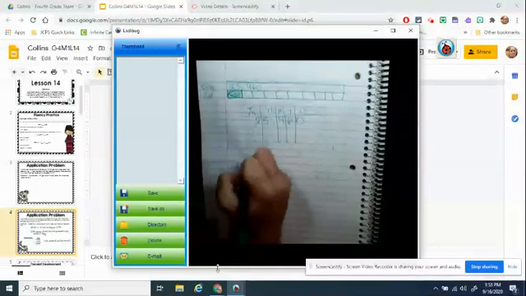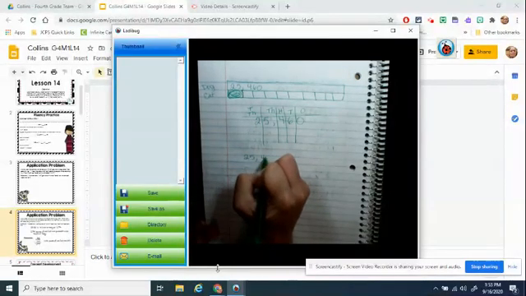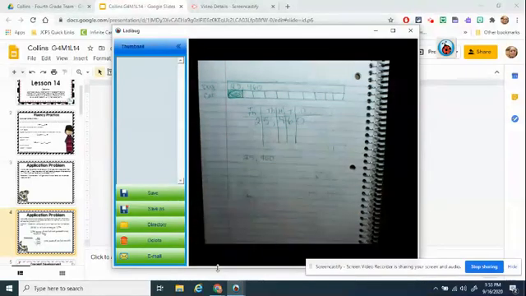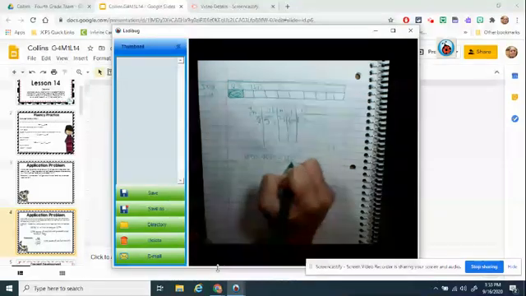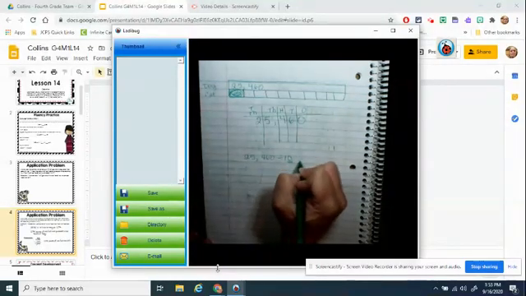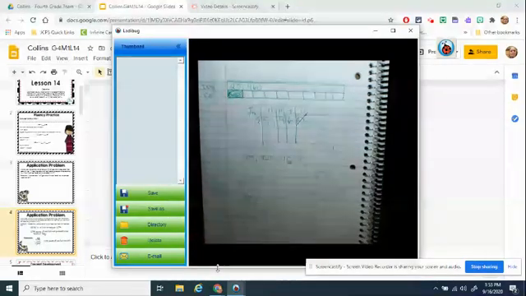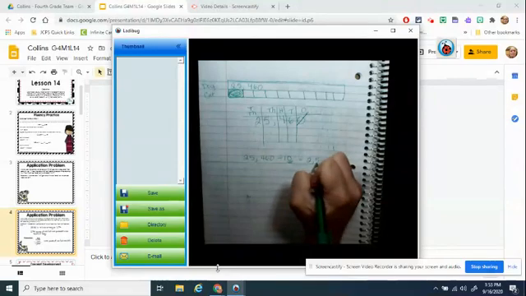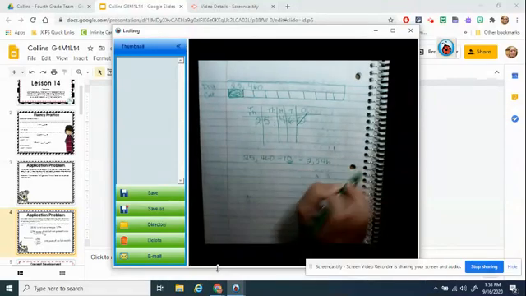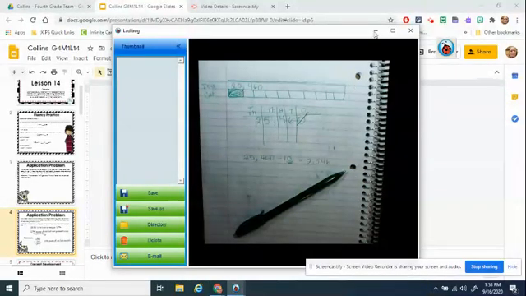But if we're going to divide by 10, because we're trying to get 10 times smaller, when we divide by 10, we take a 0 off of the end because we're dividing it and making it 10 times smaller. So that means our answer is going to be 2,546. Okay, so that's kind of a review of what we were just doing earlier in this module.